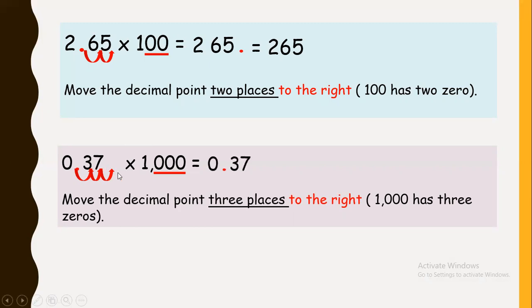So the answer is, we move the decimal point 1, 2, and 3. And here we have a useless 0 because it is in the whole part and we have no digits before it. No digits before this 0, so it is useless. We cross it. And the answer is 370.